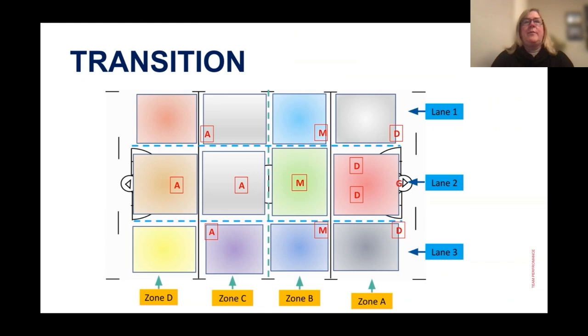So let's say the ball gets cleared out to the midfielder that's in the top Lane 1, Zone B. If the ball were to get cleared to her, she has got some support behind that defender. She's got a support to her left with that green midfielder. She's got a support ahead in the gray attacker, right? She's got some support pretty much all around her as she's looking to transition the ball up the field.